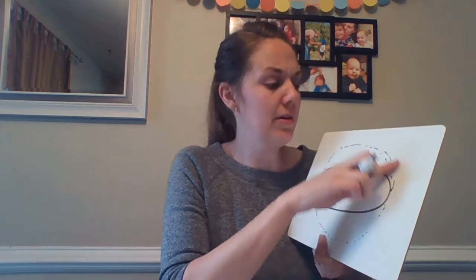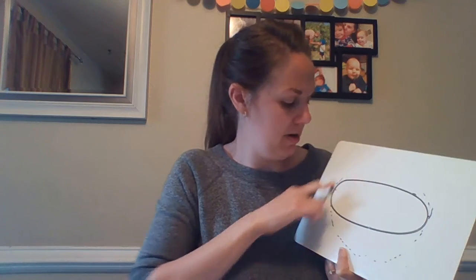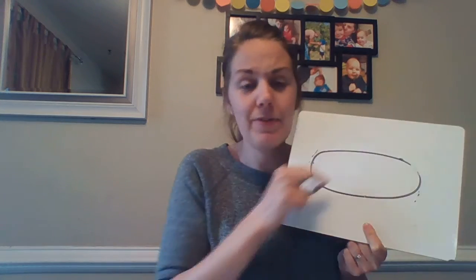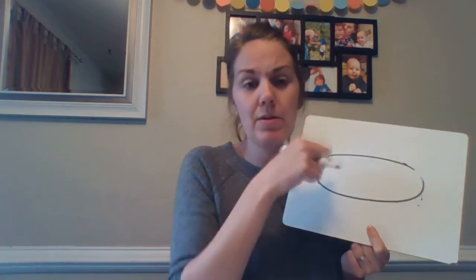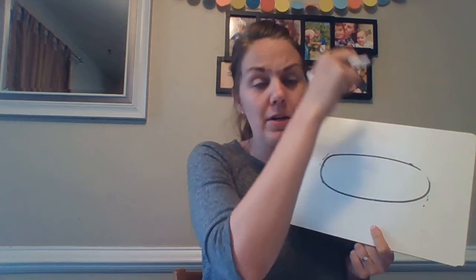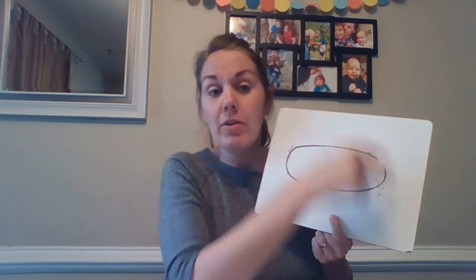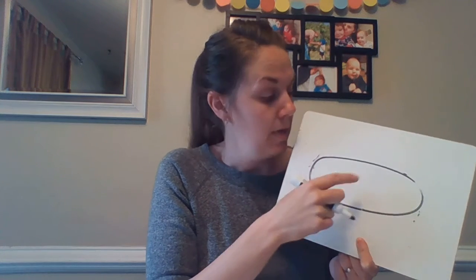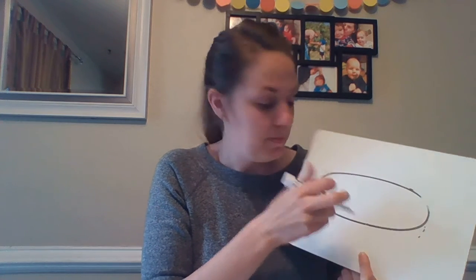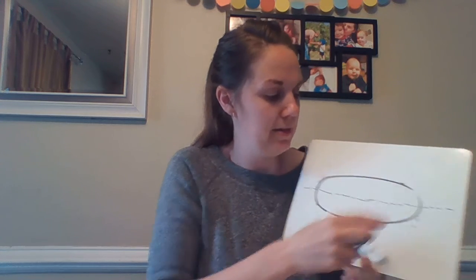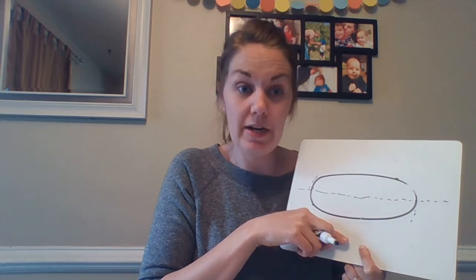So if we are thinking about lines of symmetry on our oval, we don't have as many options as with a circle. We have infinite lines of symmetry because we can divide it in half along any of those points along the outer edge of the circle. With an ellipse, we can fold it in half like this, and both parts would line up with each other.